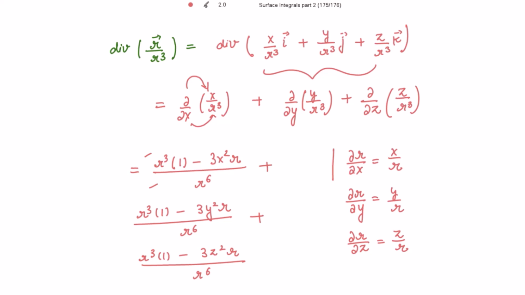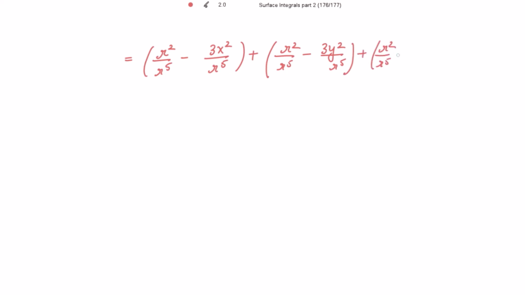So this is r square divided by r to the power 5 minus 3x square divided by r to the power 5, similarly r square divided by r to the power 5 minus 3y square divided by r to the power 5, plus r square divided by r to the power 5 minus 3z square divided by r to the power 5.